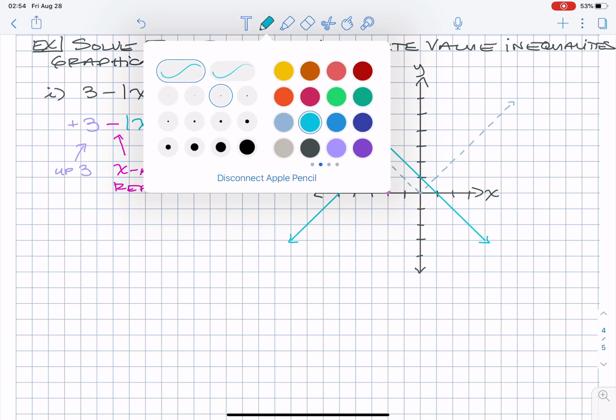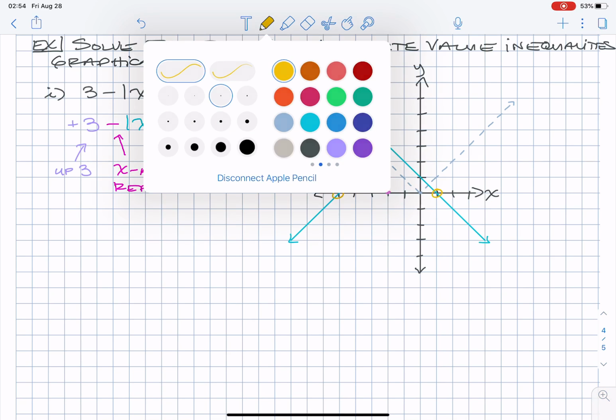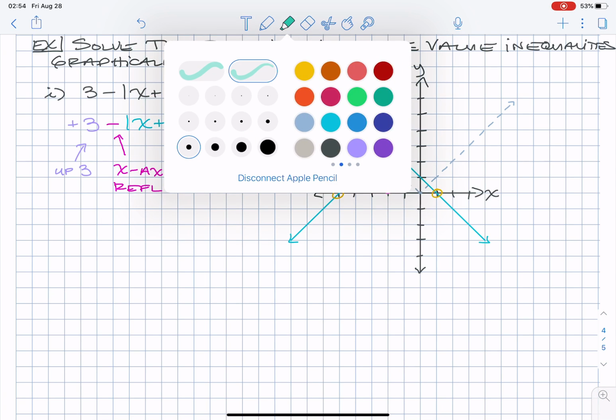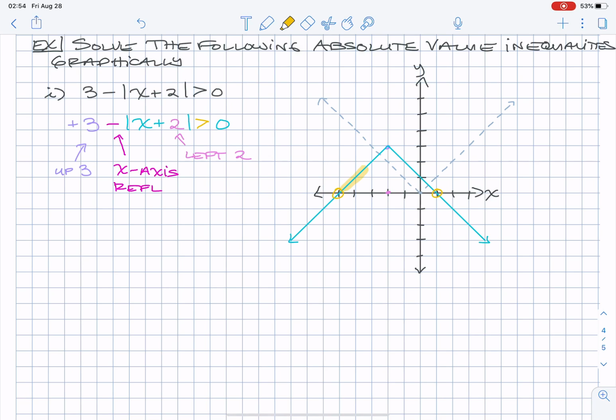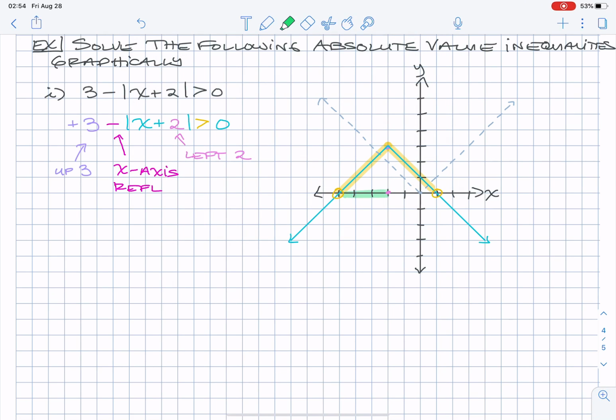But now I want to look for values where this is greater than 0. So it can't be equal to 0, so the y value cannot be equal to 0. But I want the y value to be greater than 0. So I claim that it's greater than 0 for values of x between where?